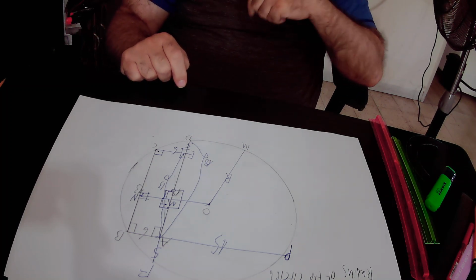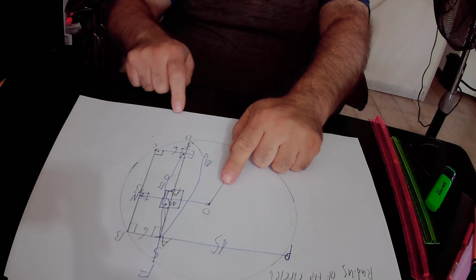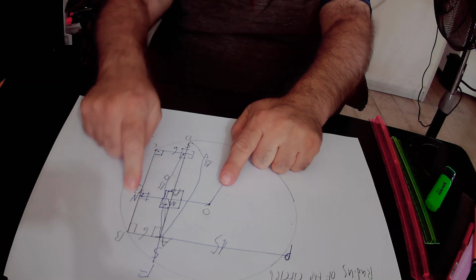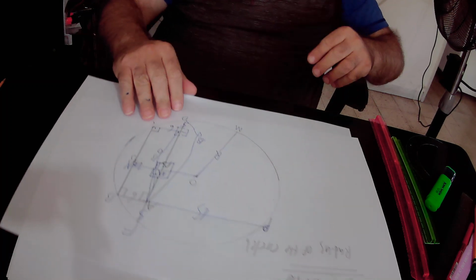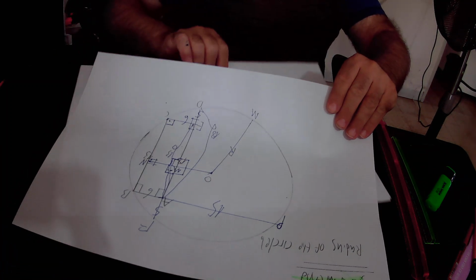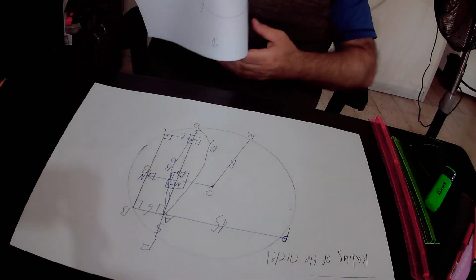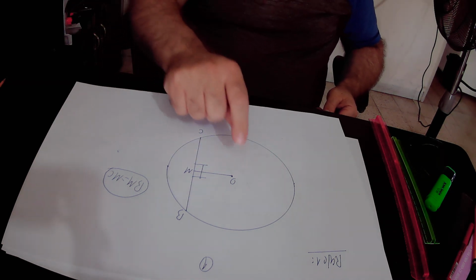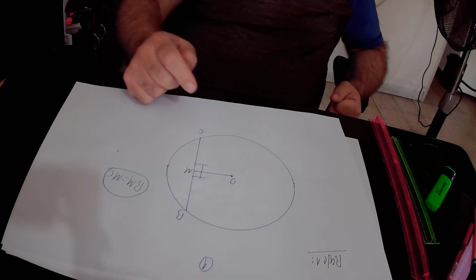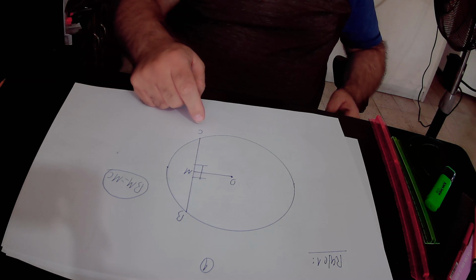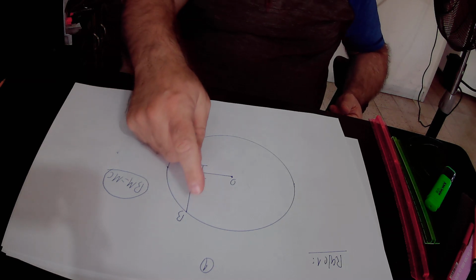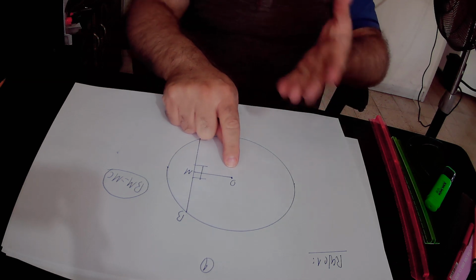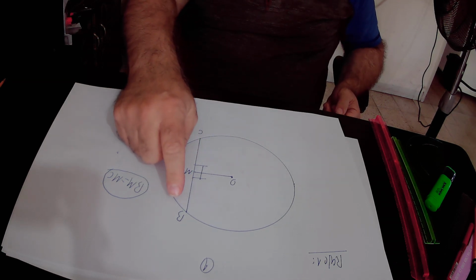Then, from point O, we drew a perpendicular to chord BC. Then I presented to you rule number 1, and we implemented rule number 1 in our drawing. According to rule number 1, if we have this circle, point O is the center of the circle, and BC is a chord that could be any chord inside the circle. From point O, the center of the circle, we draw a perpendicular to BC.